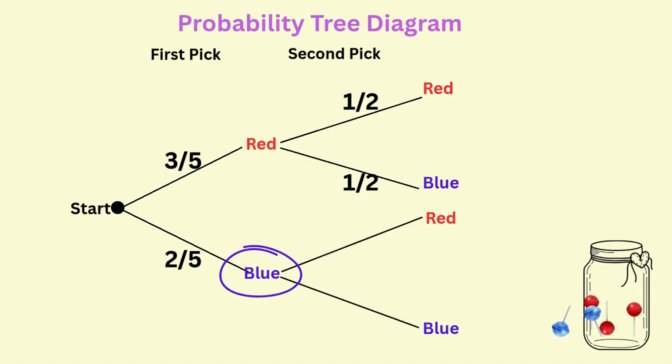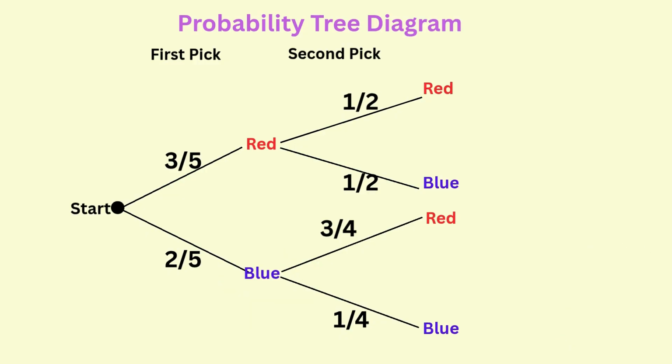Now, if the first sweet drawn was blue, then there would still be 3 red sweets in the bag from a total of 4. So the probability of drawing a red sweet on the second pick, given that the first pick was a blue sweet, is 3/4, while the probability of drawing a blue sweet would be 1/4, since only 1 blue sweet will be left in the jar, from a total of 4.